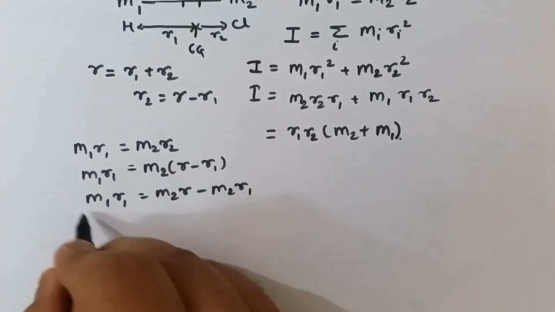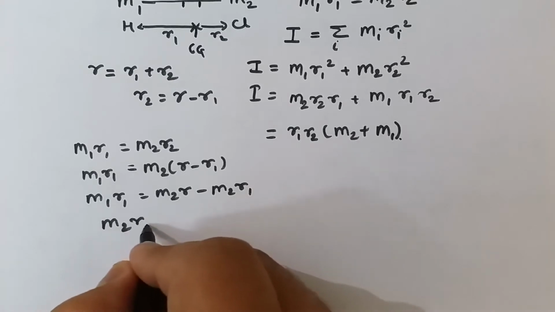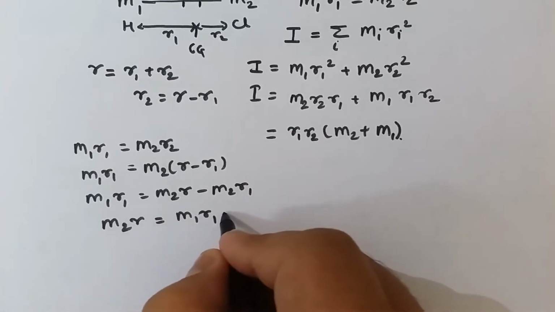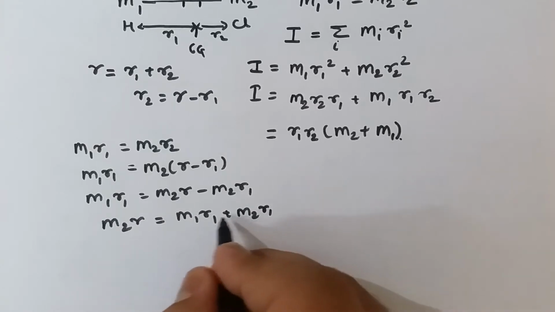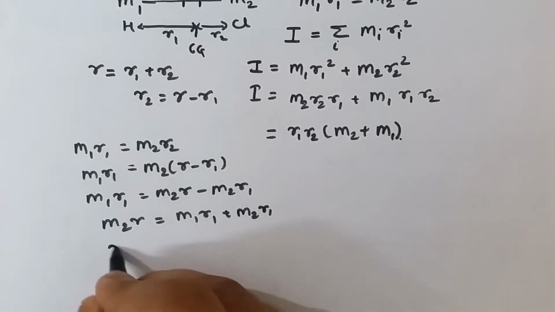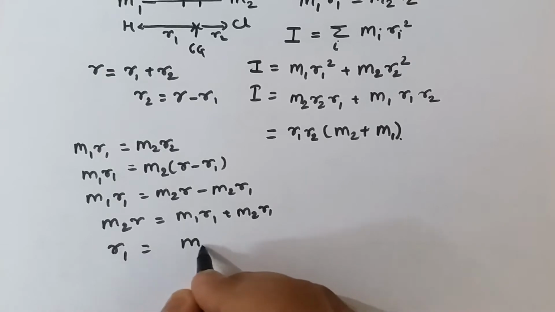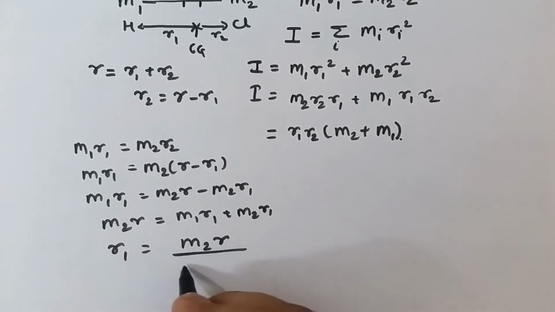This will go to the left hand side, and I will have m2 r is equal to m1 r1 plus m2 r1. r1 will be common, and then the other terms will go in division. So I will have r1 is equal to m2 r upon m1 plus m2.